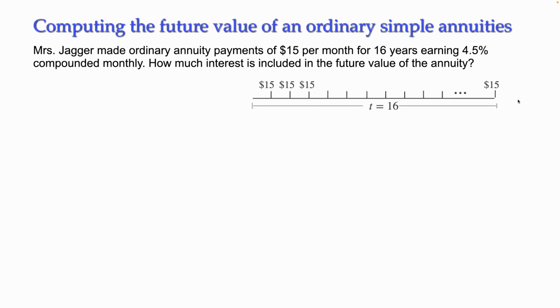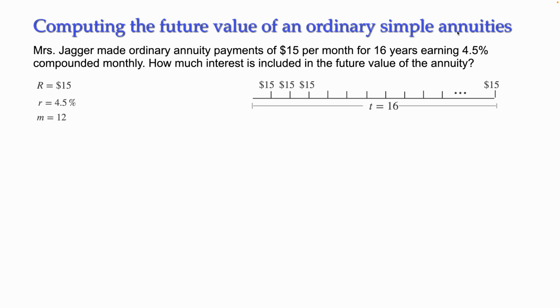So you have an annuity where your payments are $15, and that happened during 16 years. So what do you know? You know that the payments are $15, that the nominal rate of interest is 4.5%, that there are 12 payments per year because the payments are monthly, and also the conversion period is monthly, so there are 12 conversion periods per year.